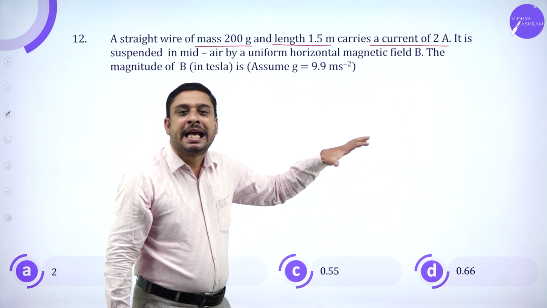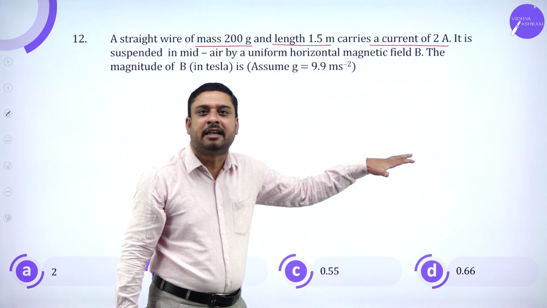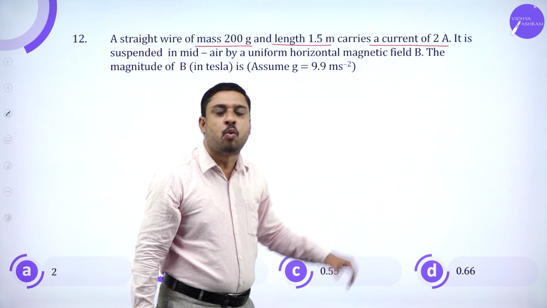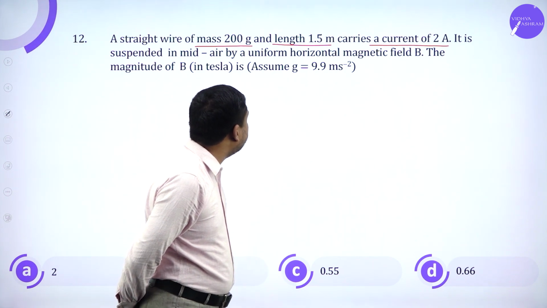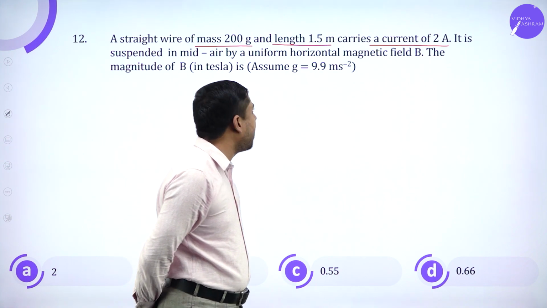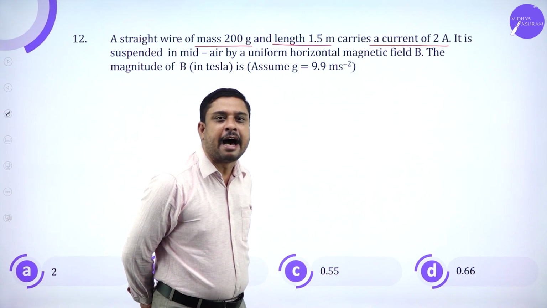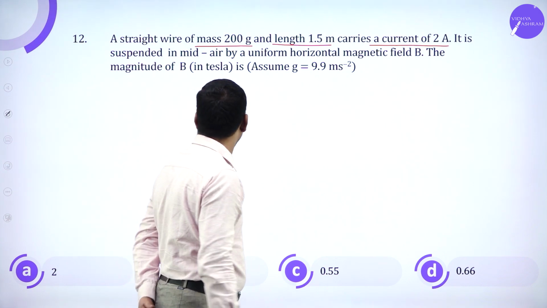Concept of current carrying conductor. Straight wire, mass is 200 grams, length is 1.5 meter, current carried is 2 ampere.